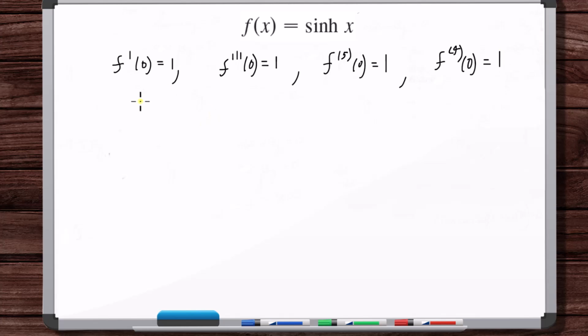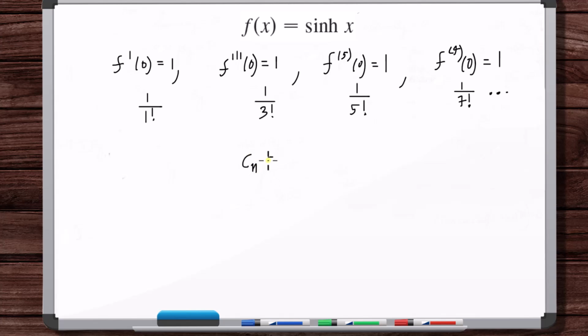So 1 divided by 1 factorial, 1 divided by 3 factorial, 1 divided by 5 factorial, 1 divided by 7 factorial. So now we can see the c sub n pattern.